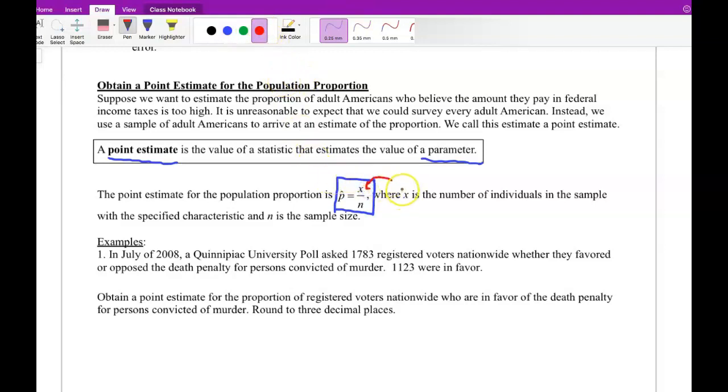Here x is the number of individuals in the sample, and n is the sample size.